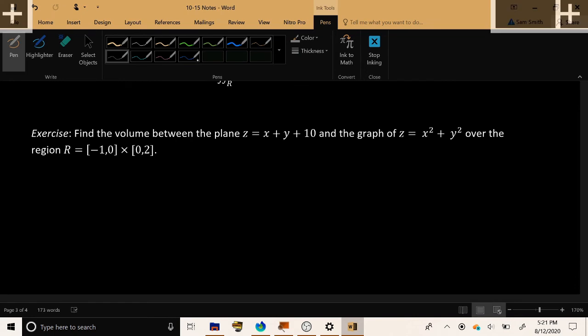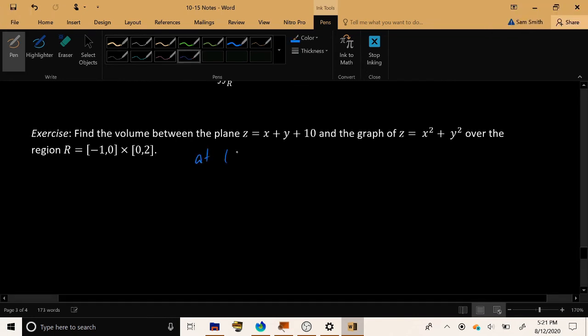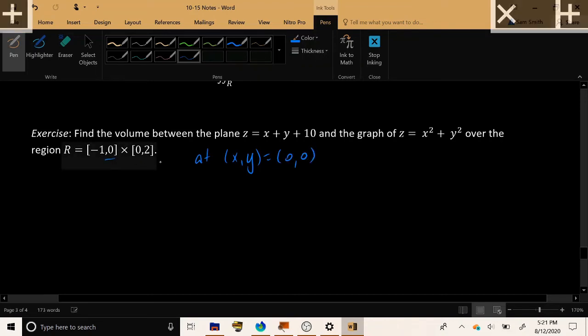For example, at x equals 0, y equals 0, which is in this region, corresponding to the right corner of the x interval and the left end of the y interval.